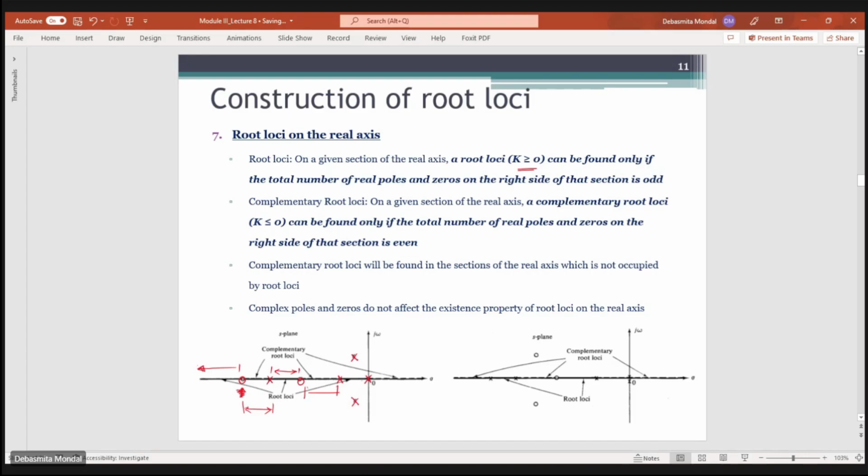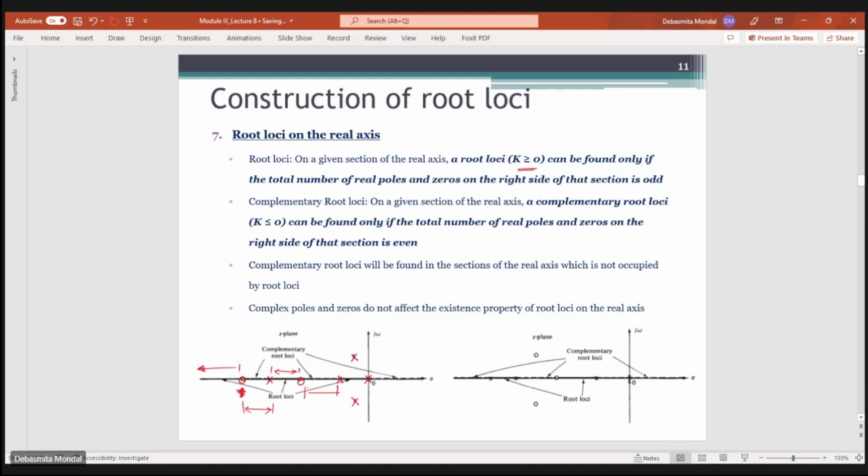So a given section on the real axis is a part of the complementary root locus if the total number of real poles and zeros on the right side of that section is even. If you observe these two criteria, you can say that the complementary root loci will be found in the sections of the real axis which are not occupied by the root loci.